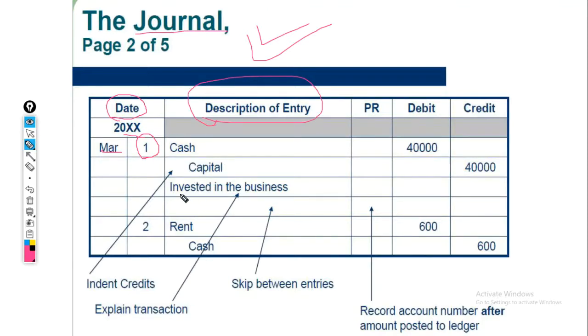And this here is a narration: invested in business. So this entry says that cash is brought into business, that is rupees 40,000 or dollars 40,000. Cash account is debited and capital account is credited because cash came in, and capital, as it is a liability, is increased, hence it is credited.